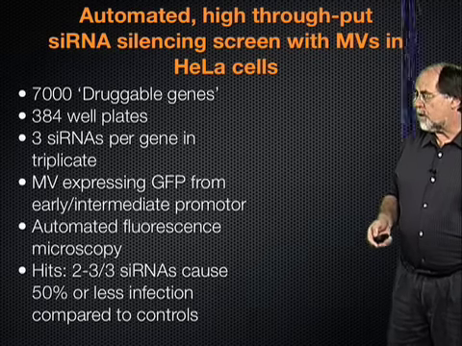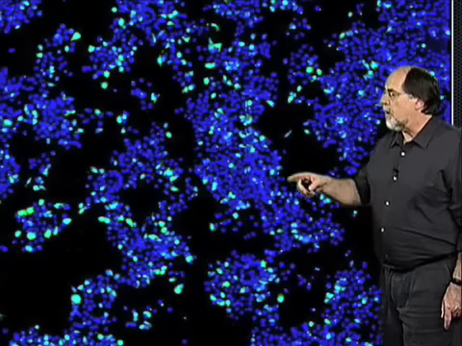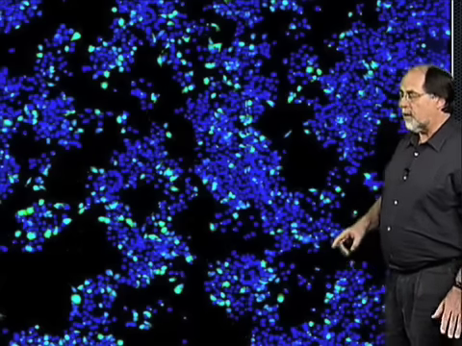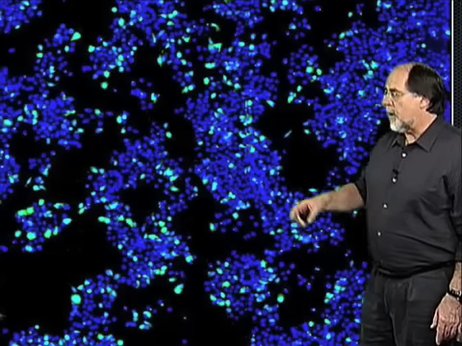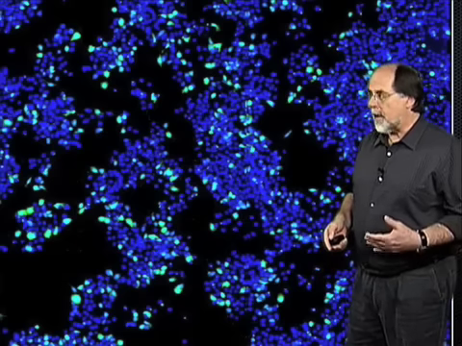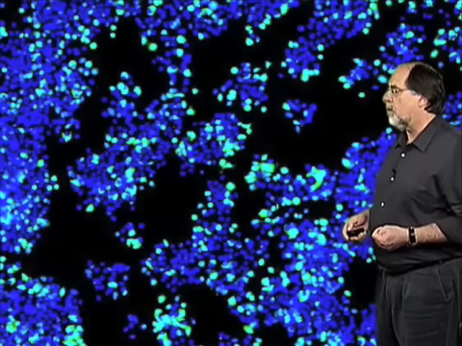This is how it looks. Here is a cell culture. Perhaps you can see the blue Hoechst-stained cell nuclei, and the green ones are the ones which have been infected. This is in the control. With a control siRNA, about 10 to 15% of the cells are infected. Now, in a few cases, when we looked at them, we found that there were more cells infected than in the control, but this was not so common.